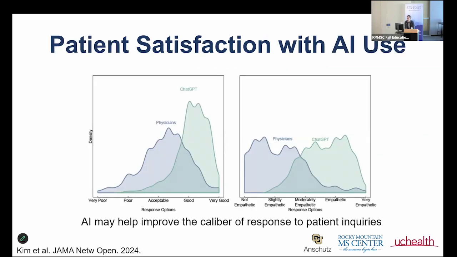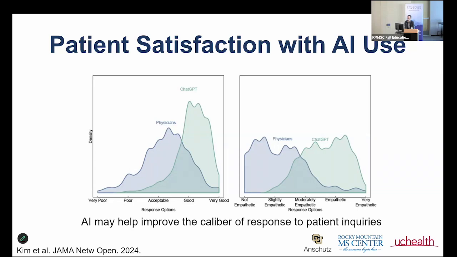So the reality is already that, not in MS, but in the broader medical context, these tools have been used enough that patient satisfaction has been assessed. This is from some patient inquiries on the electronic medical records, like when you send a message to your doctor asking for some sort of response about, I'm having this symptom, I need this medication, or what have you.